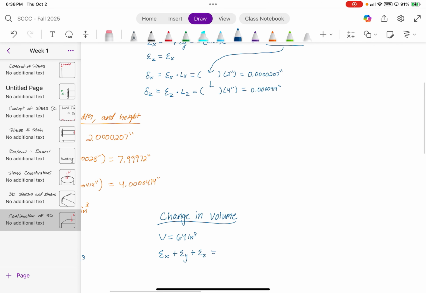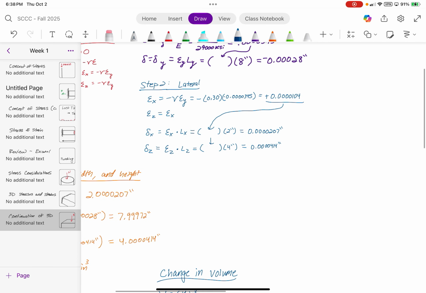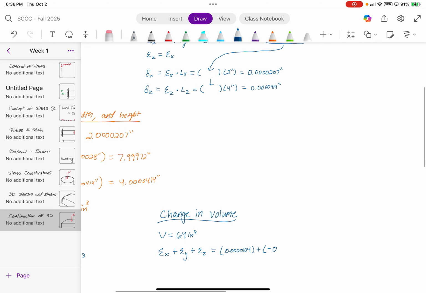Epsilon x, we said, was 0.00000104. Epsilon y was negative 0.00028, plus epsilon z, which again was 0.0000104.